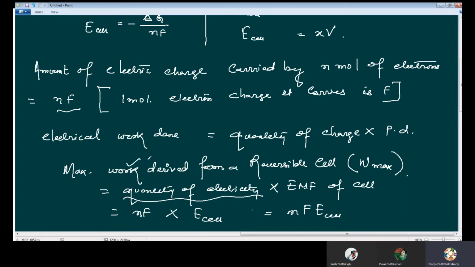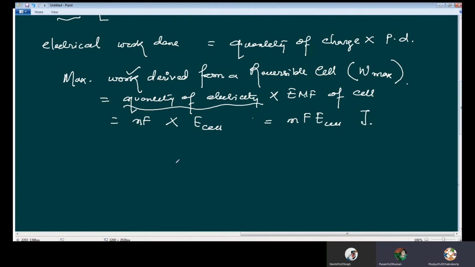Now what is the unit of work done? That is joule, so nFE joule. Now for a reversible cell, it decreases the free energy associated with the redox reaction. The free energy decreases if we are taking work from it. Is that clear? Yes, sir.